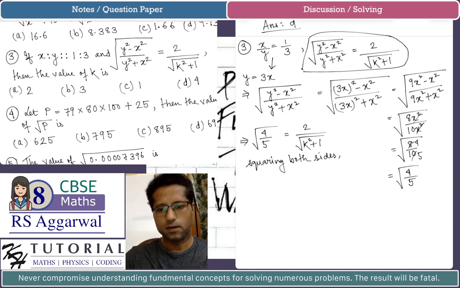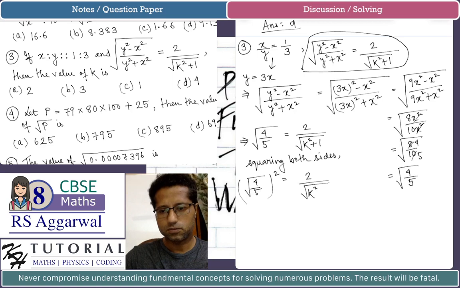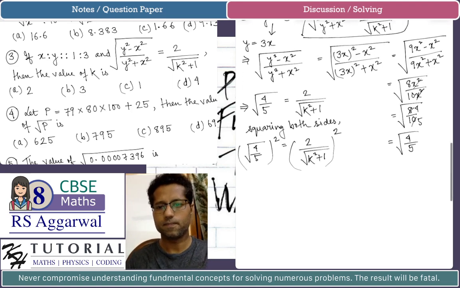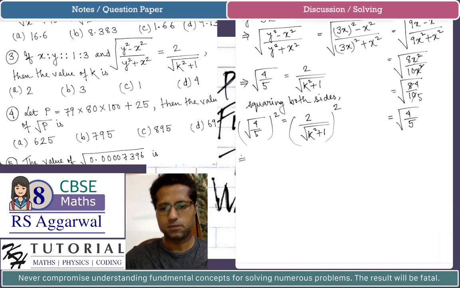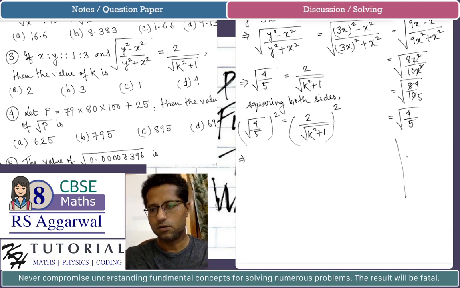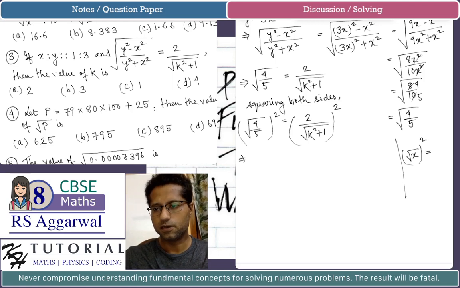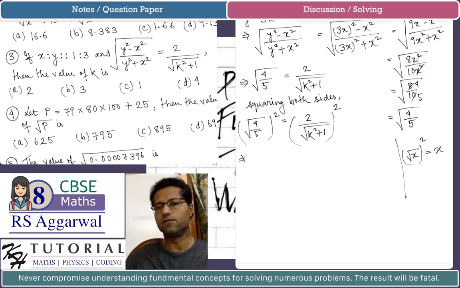we get the square root of 4 by 5, this whole square, is equal to 2 by the square root of k² plus 1, this whole square. We just squared both sides. Now we know that the square of the square root of x is always x.